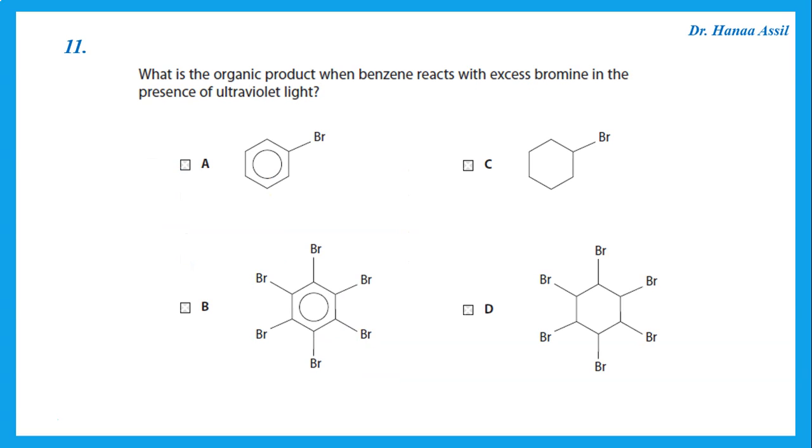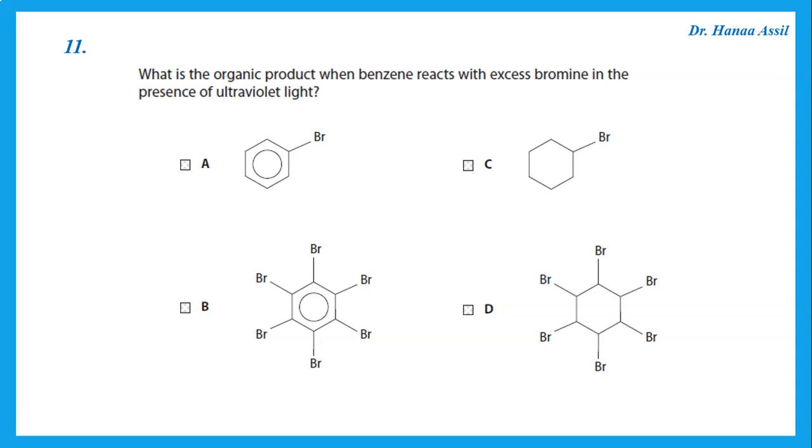What is the organic product when benzene reacts with excess bromine in the presence of UV light? Remember, benzene can react with bromine in UV light, or it can react with bromine in the presence of a catalyst, which we say is iron(III) bromide, and these are 2 different reactions.